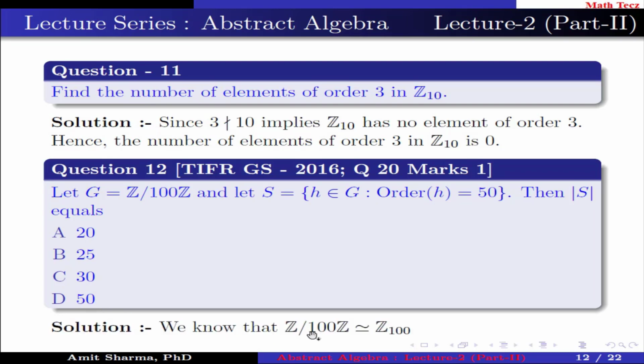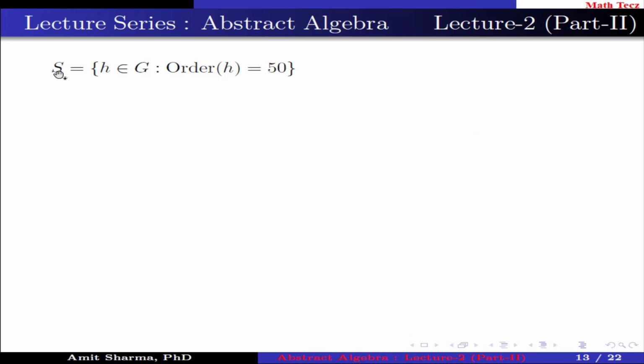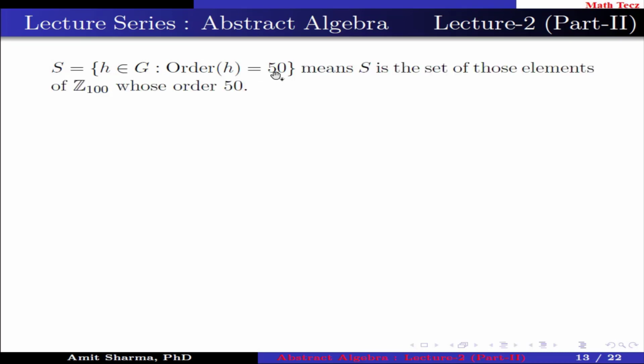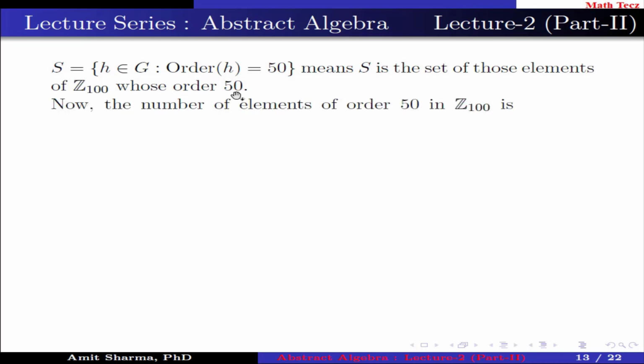We know that Z by 100Z is isomorphic to Z100, which implies G is equal to Z100. S is the set of those elements of Z100 whose order is 50.